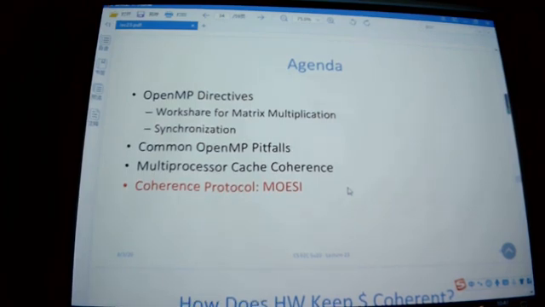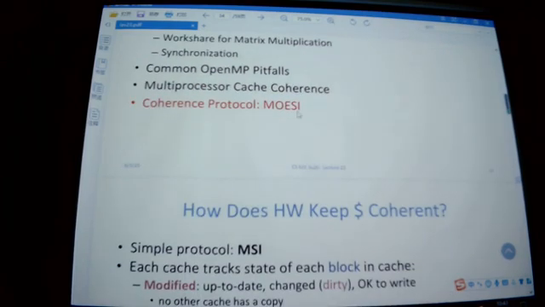We obey the protocol. The protocol is defined by the creators, so we must obey. MOESI is a name for a coherency protocol.